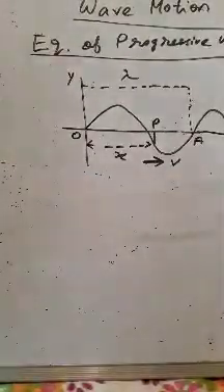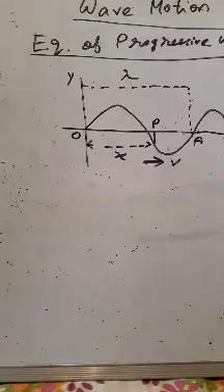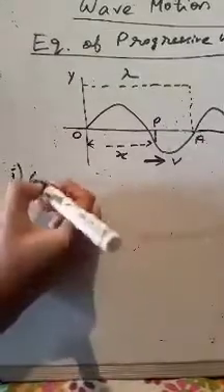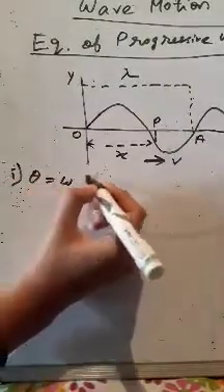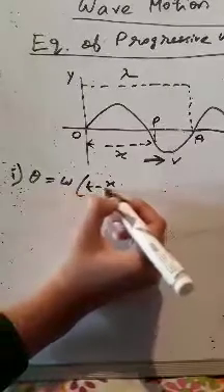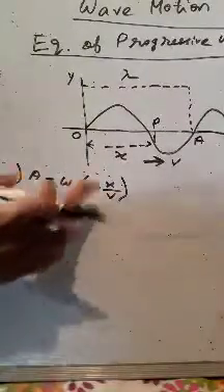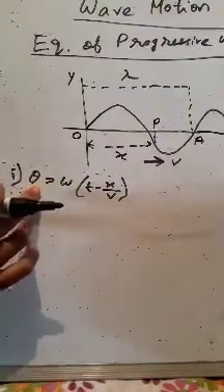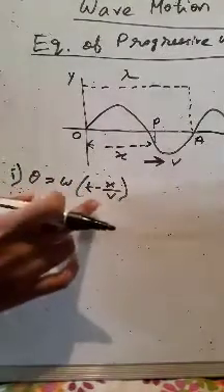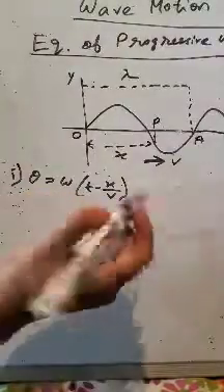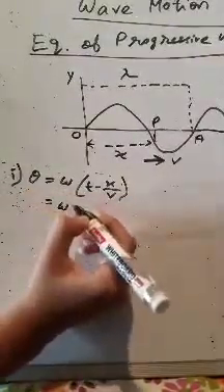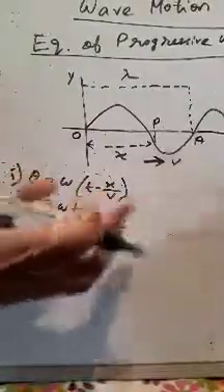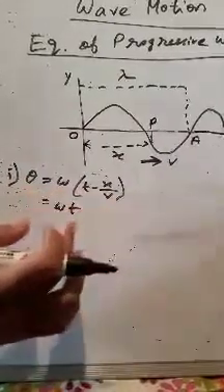Now let us write the first form of the progressive wave. We can write the value of theta as omega (t minus x by v). Previously we learned that we can express the angular wave function theta as omega within bracket t minus x by v. In the next step we can write it as omega t minus omega x by v, just opening the bracket and multiplying omega with the rest of the terms.